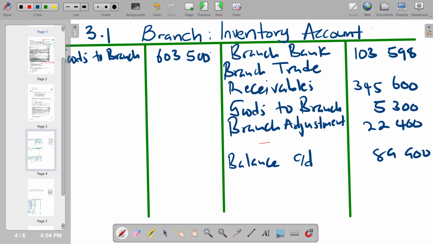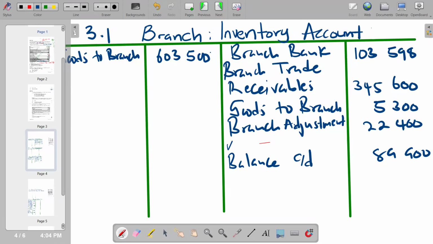So we are now going to start with the branch inventory account, whereby we compare which side has the larger total. Remember, we've got a balancing figure which is supposed to come in this part. On the debit side, we've got only one figure, 603,500. Then we compare with the total of the credit side.